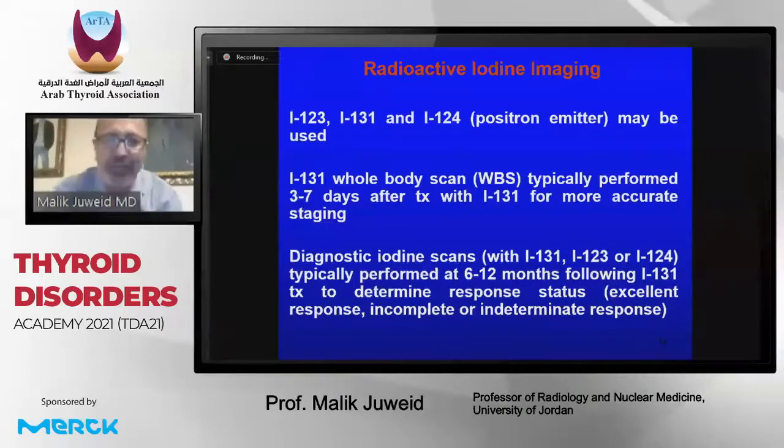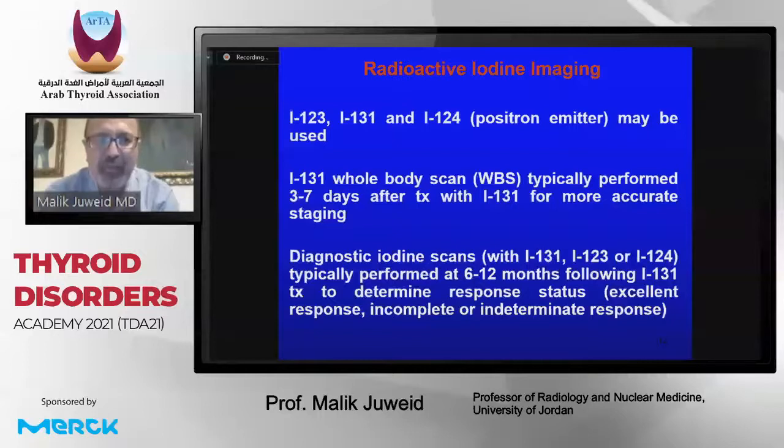So the other thyroid imaging modality, nuclear imaging modality, is radioactive iodine imaging. And this is also familiar to all of you, but maybe not everybody knows that iodine 131 is not the only imaging modality used, but rather others like iodine 123 that's used in many countries.